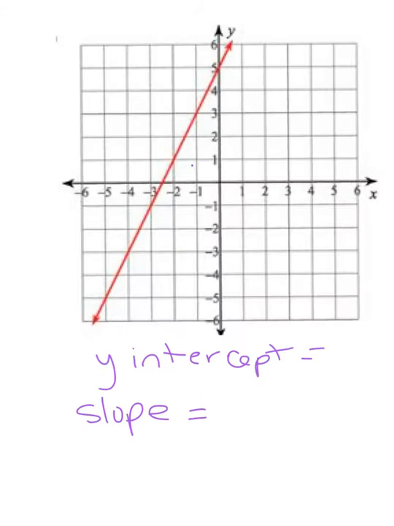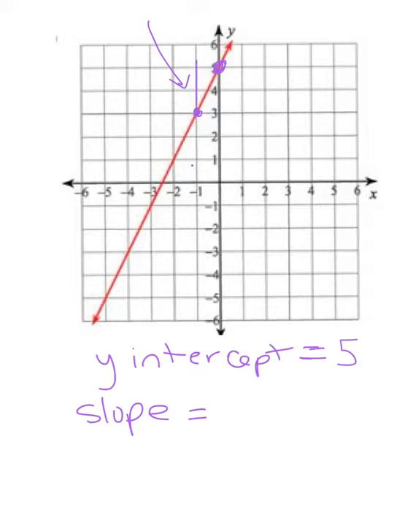Looking at my next graph, I have a positive 5 where my y-intercept is, so I'm going to put a 5 there. And then when I'm looking at my slope, I need to pick another point. I'm going to pick this point right here. It seems to go through the corner of the box. So from here, I'm going to start from my point to the left. I just think that's a little easier. Trying to get to my second point, I'm going to go up 2.